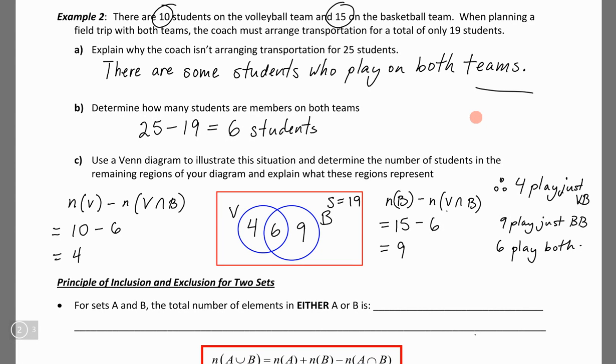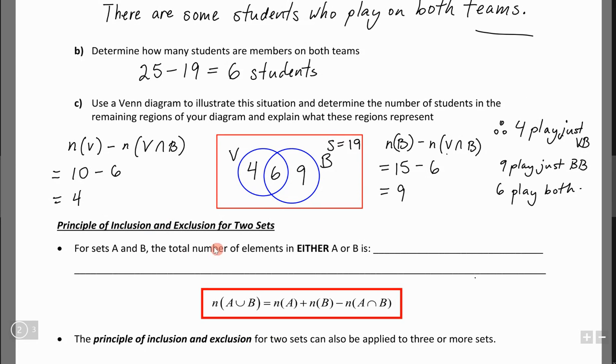Okay, so the principle of inclusion and exclusion for 2 sets. For 2 sets, A and B, the total number of elements in either A or B is the sum of each set minus the common elements in both.